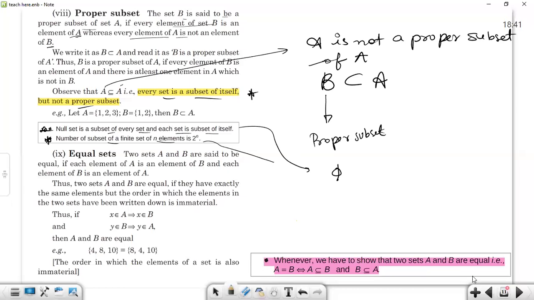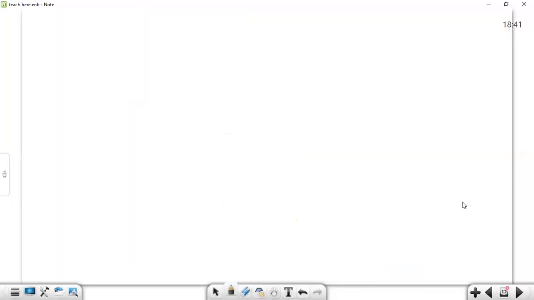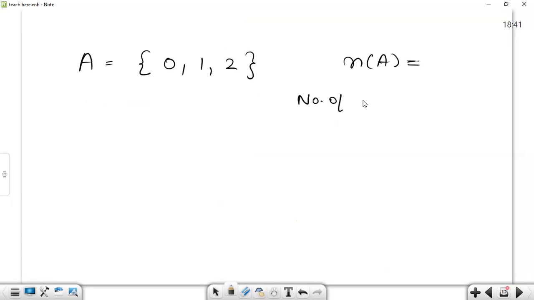Important. So let's consider there is a set. How many elements are there?